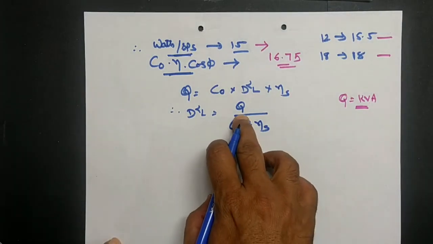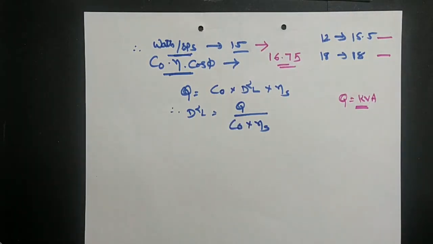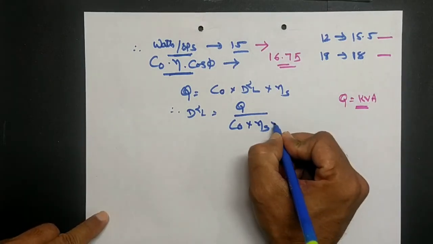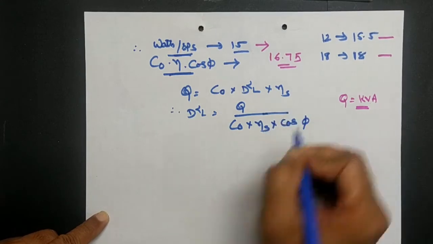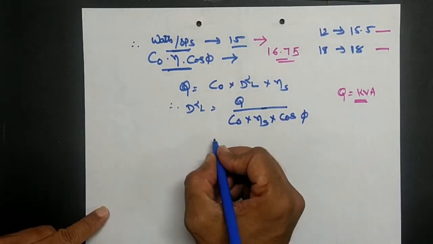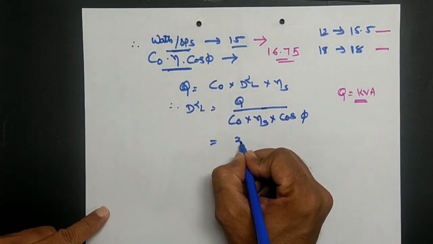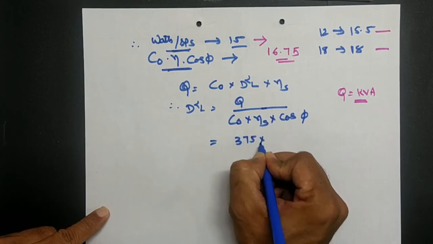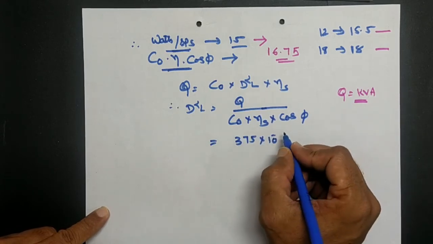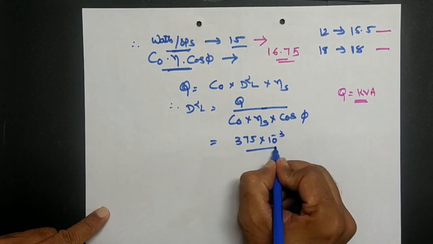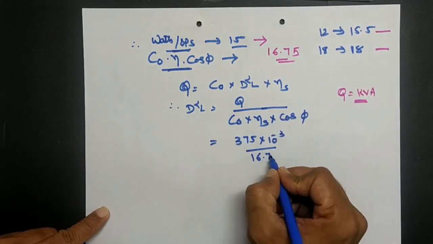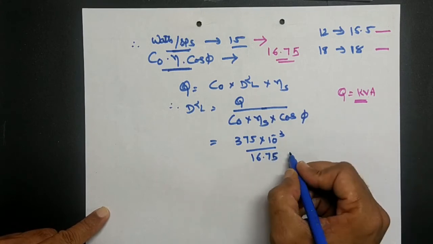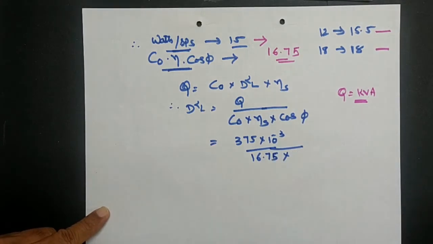But to get the kVA rating, we have to divide by cos φ. So Q is 375 multiplied by 10 raised to minus 3 and divided by 16.75 and Ns.